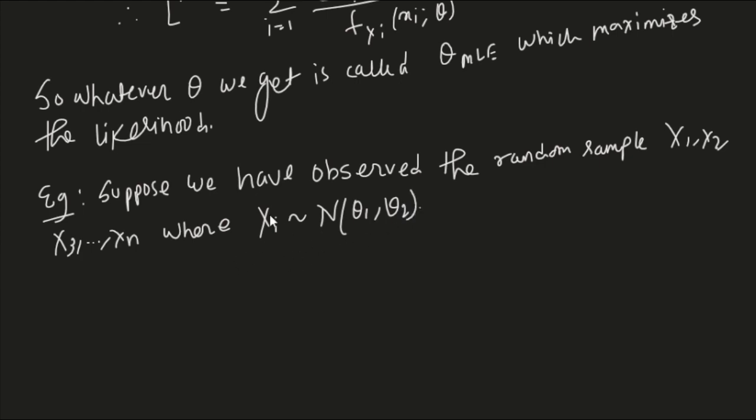We have observed the random sample x1, x2 all the way up to xn, and suppose we have that this xi belongs to a normal distribution with parameters θ1, θ2, right? So what we need to do here is find the estimators for θ1 and θ2, and we also need to find the maximum likelihood estimates.